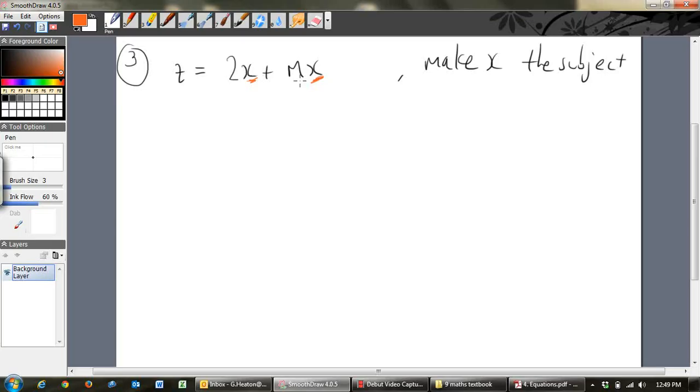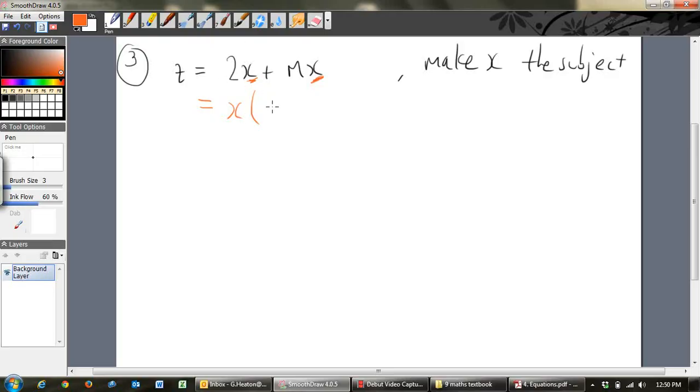Instead of having two x's in different locations, we want to get it into one location. What we can do to do that is to factorize. Let's take x out of this side, and you'll see that you end up with x in only one spot, and then you can do something with it.